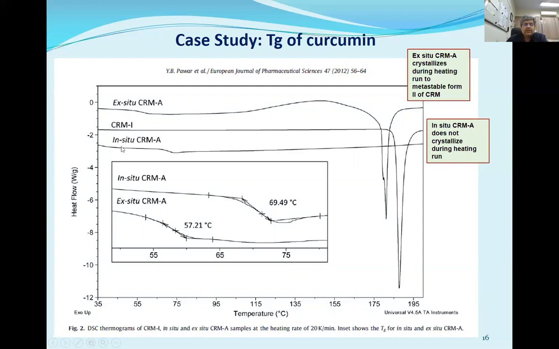If you take the sample of curcumin and heat it beyond its melting point and then suddenly cool it in the DSC, which means all the activity is being done in the DSC sample holder cell itself, then you get amorphous curcumin, written as CRMA, and we call it in situ amorphous curcumin because it has been formed within the DSC cell.